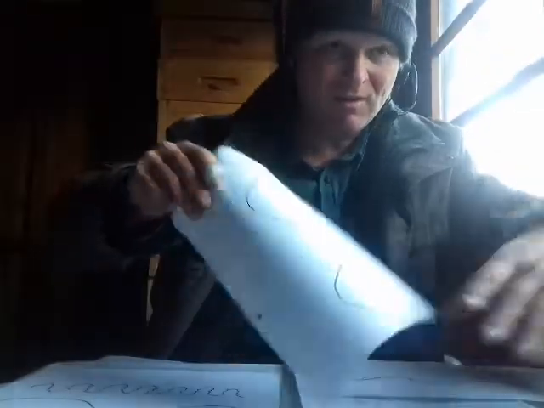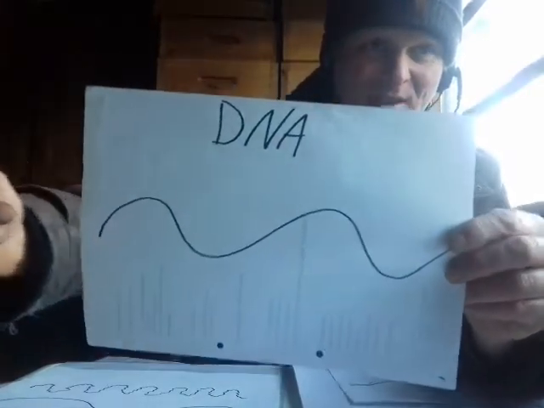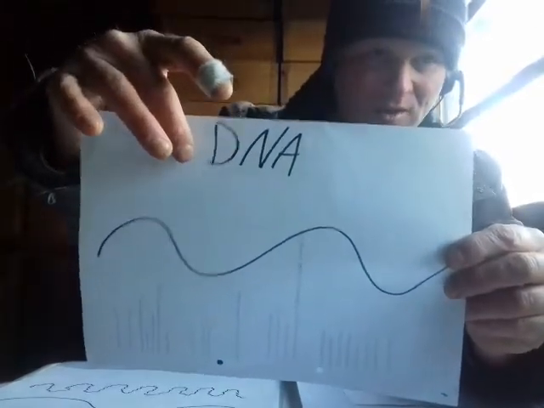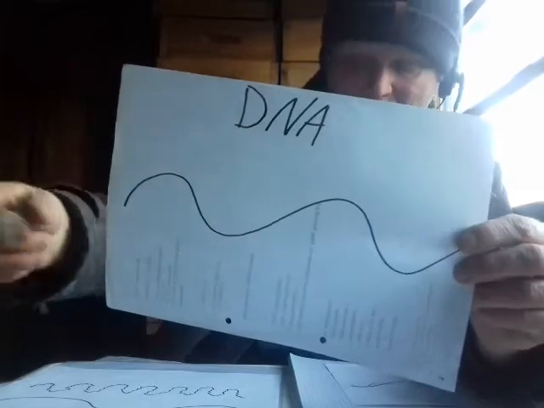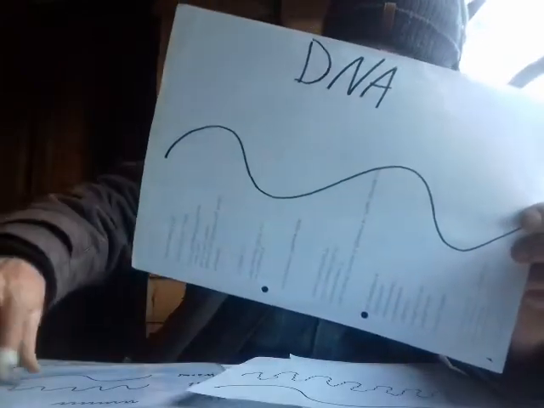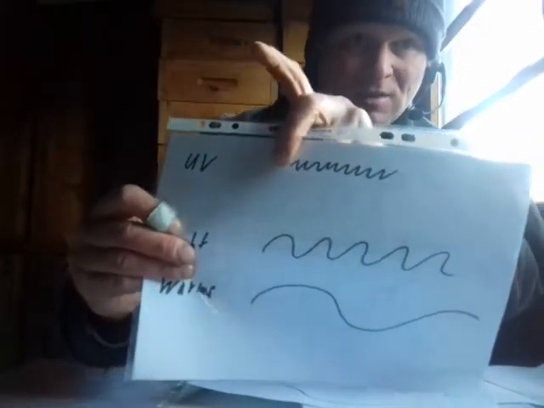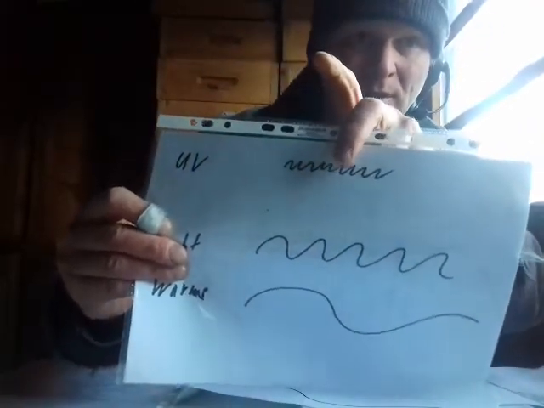I give you some drawings, not very beautiful, but okay. Imagine this is your own DNA signal. It's a special frequency you have, and there are other frequencies. The frequency of your DNA is in the ultraviolet range, a high frequency.